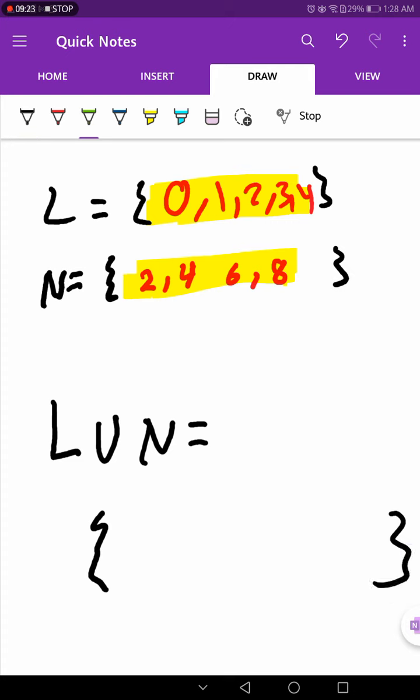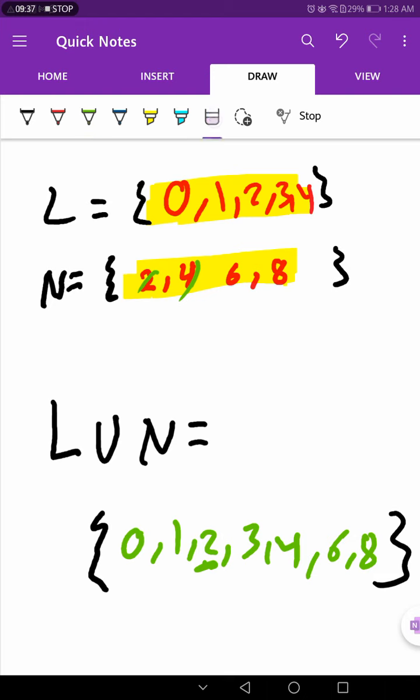So I put the first group 0, 1, 2, 3, 4, and put the second group: 2, I have it, I cannot put it. 4, I cannot put it, but 6 and 8, now I make the union.